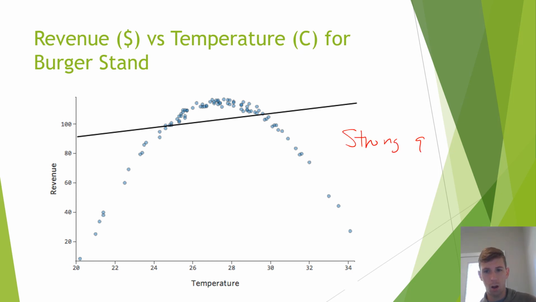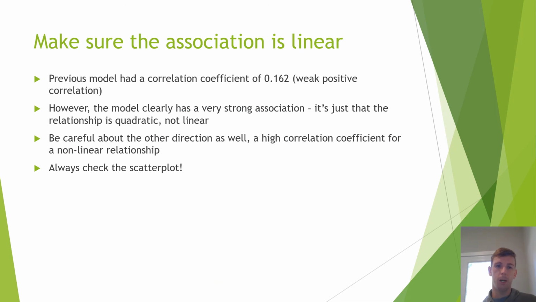It's going to be a strong quadratic association. The thing to be careful of here, if you just threw that data set in your calculator and calculated the correlation coefficient, you would have got 0.162, and you think it's going to be a weak positive linear association. And you'd be totally wrong.